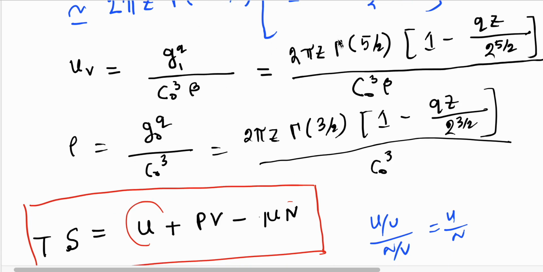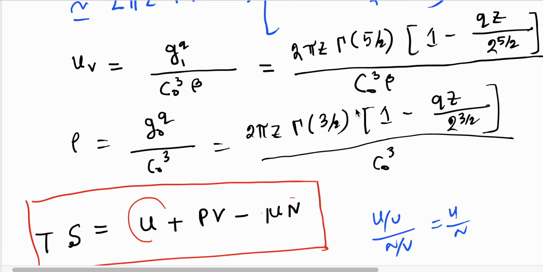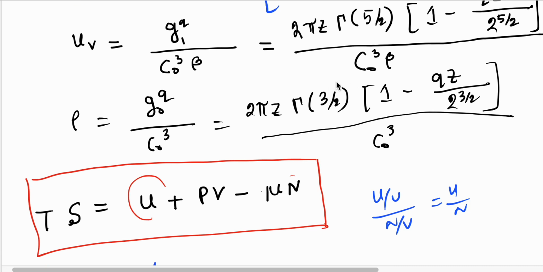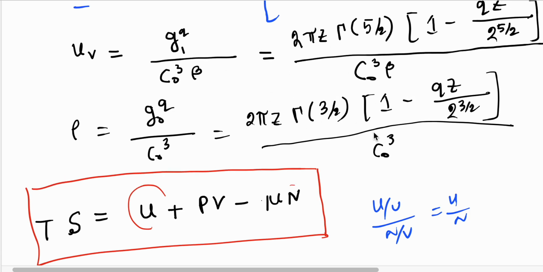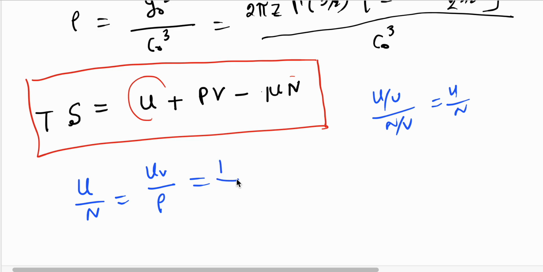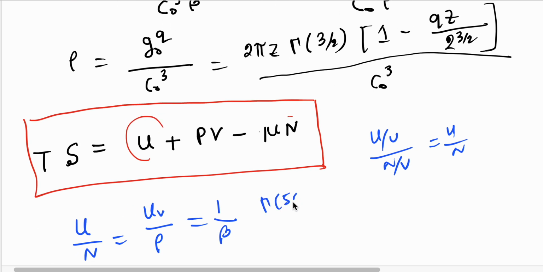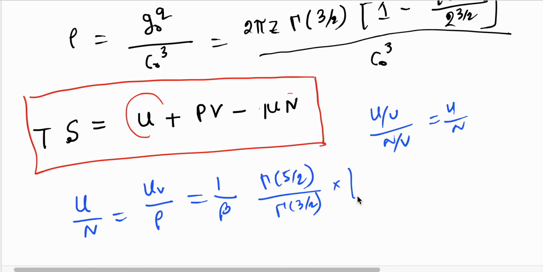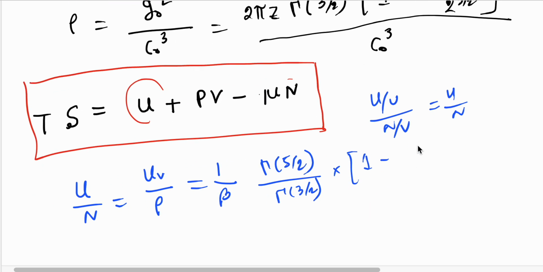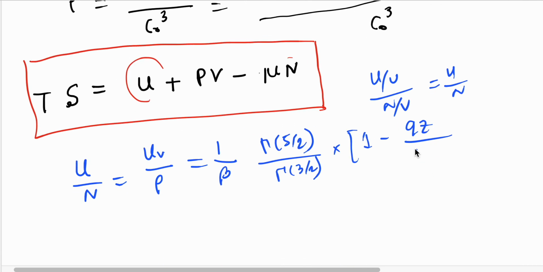If we divide these two things, so many things will be cancelled out, so U by v, this term does not contribute, c0 cancelled, and 1 by beta will be there, and gamma 5 by 2 by gamma 3 by 2 will be there, and first term is 1 minus qz by 2 to the power 5 by 2 by 1 minus qz by 2 to the power 3 by 2.